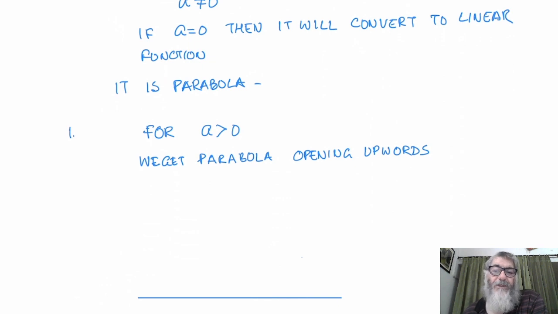This is suppose x-axis. I'm not drawing y-axis just now. I'm simply drawing x-axis. Something of this kind. This is a parabola. Now this, please notice, if this is x-axis, then this parabola is not cutting the x-axis.